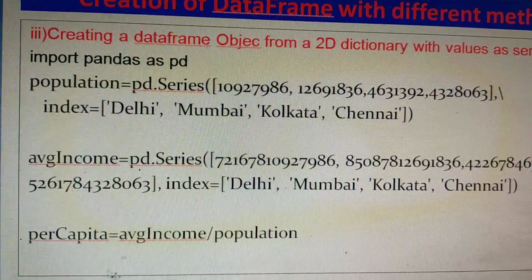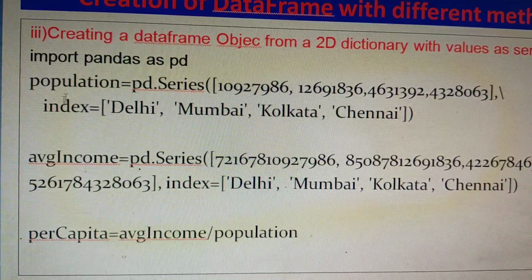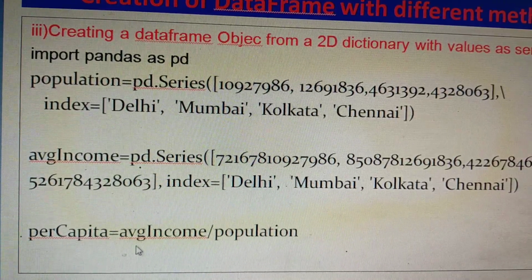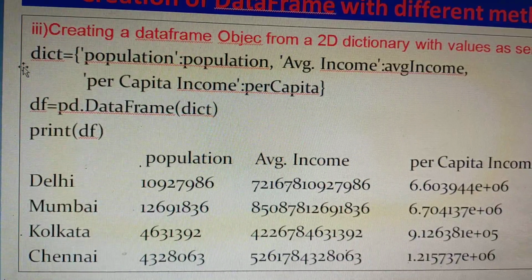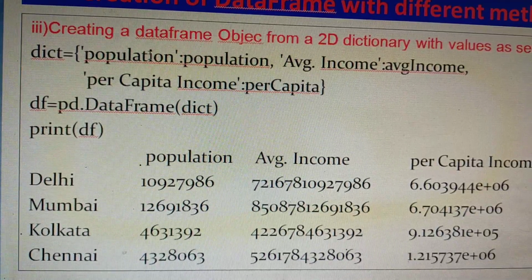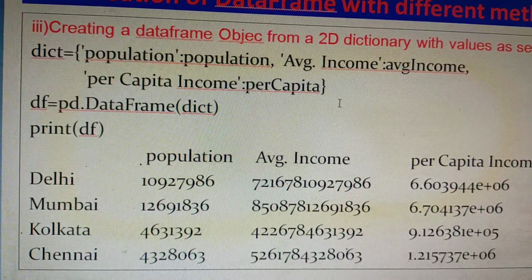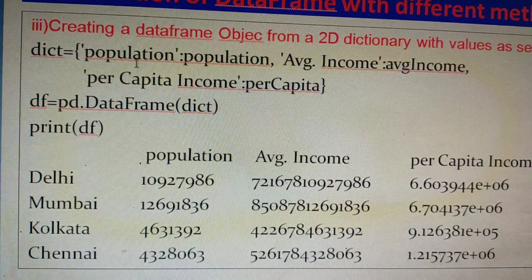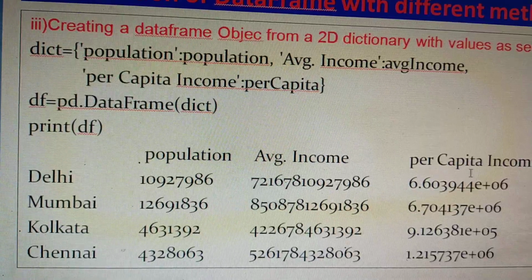So these 2 series are created, and a third series is created with the calculation using population and average income. After creating the series, we will create the dictionary. Here the dictionary is created with the help of the series already created, that is population, average income and per capita. आपको पता है कि डिक्शनरी में की और वैल्यू होता है, so key is the name of the column: population, average income, per capita.